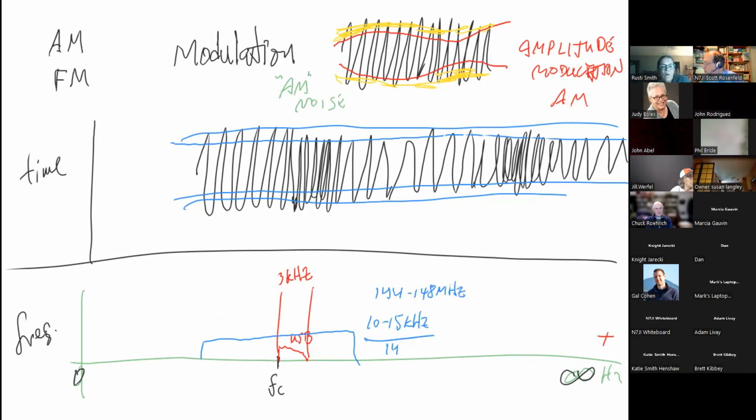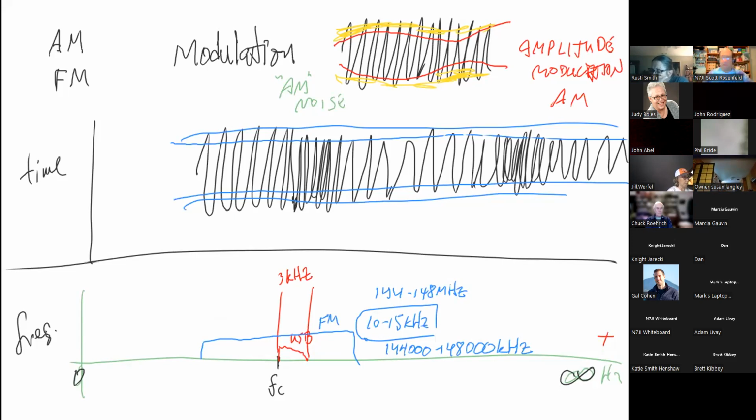It's 144,000 to 148,000 kilohertz. 10 to 15 kilohertz is really no big deal. Fits in there just fine. So FM works really well on the VHF bands and the UHF bands because there's a lot of space available.